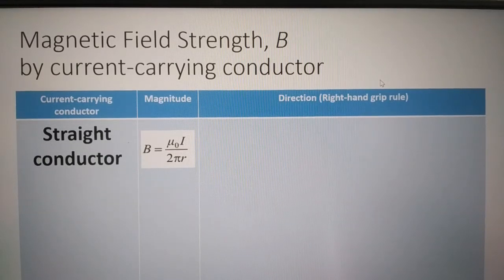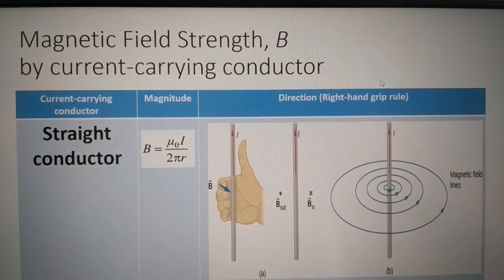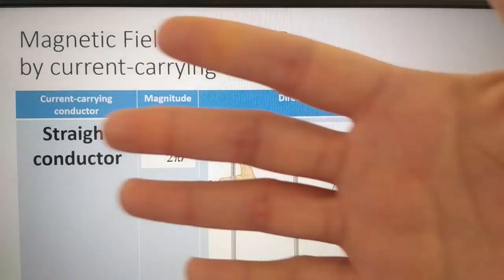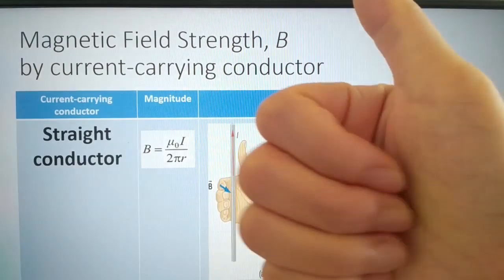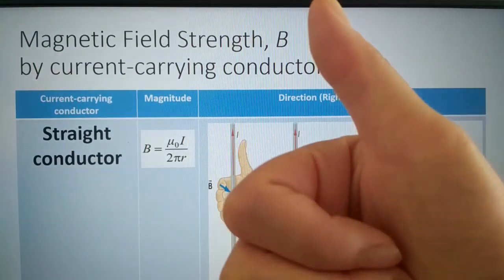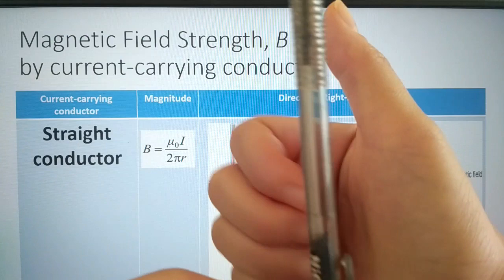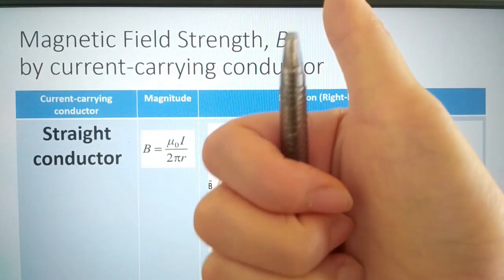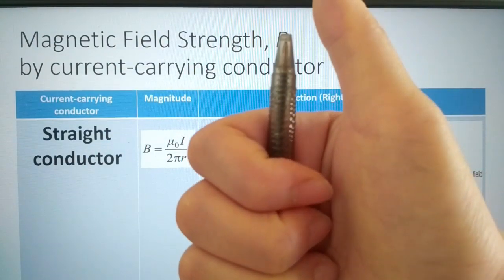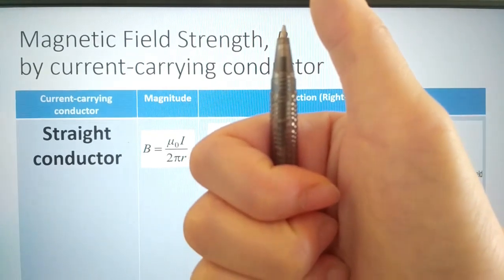So how do you use the right hand grip rule to determine the direction of the magnetic field strength? Let's say this scenario. I have a conductor where the current is flowing upward. So by using the right hand grip rule, this is your right hand grip rule, and this is your conductor where the current is flowing upward.